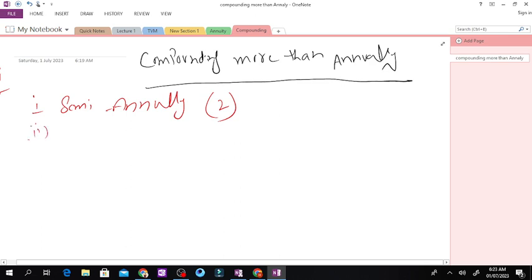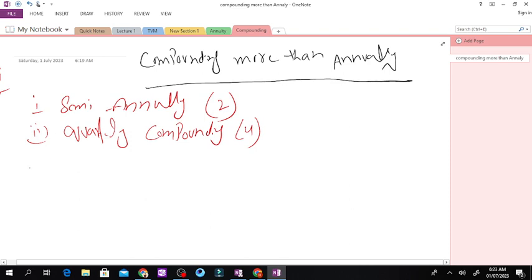The next situation could be a quarterly system. Quarterly compounding, as we already know that there are 4 quarters in a year, so we have to pay or we will get interest 4 times in a year.